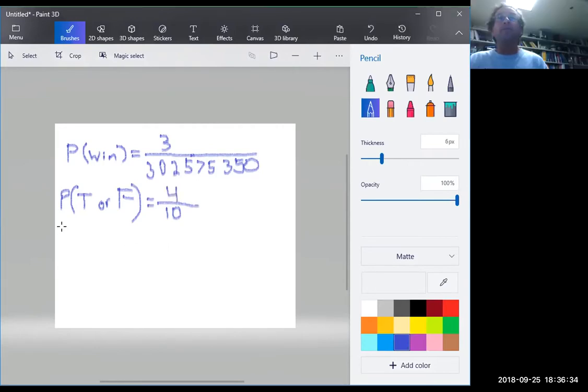Okay, there's another way of doing this, and this is an equality, and that is equal to the probability of T plus the probability of F. But the problem is, if you add those probabilities, we're going to add all the Tahoe people to all the female, and why is that not going to work?